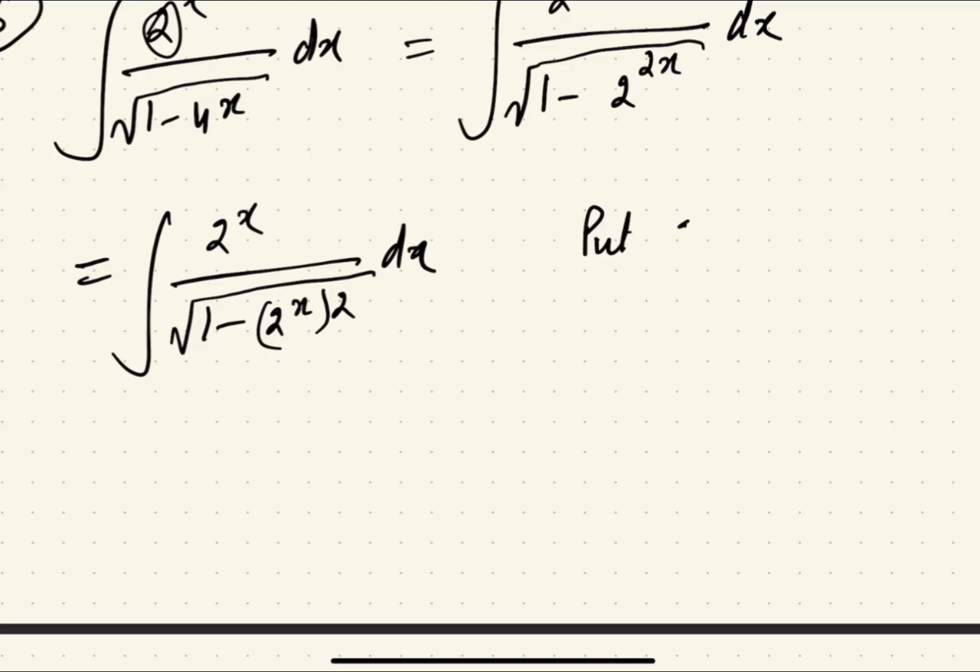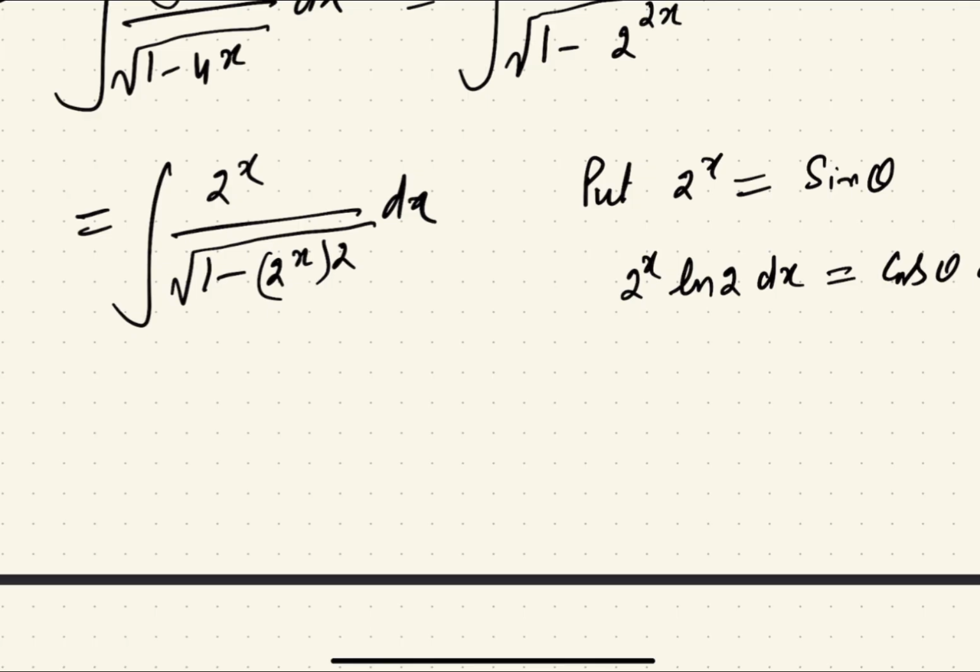Put 2 power x equal to sine theta, and then differentiate: the derivative of 2 power x remains as it is, times ln 2, into dx, and this will be cosine theta d theta. Everything should change. So 2 power x dx will be 1 over ln 2 cosine theta d theta.